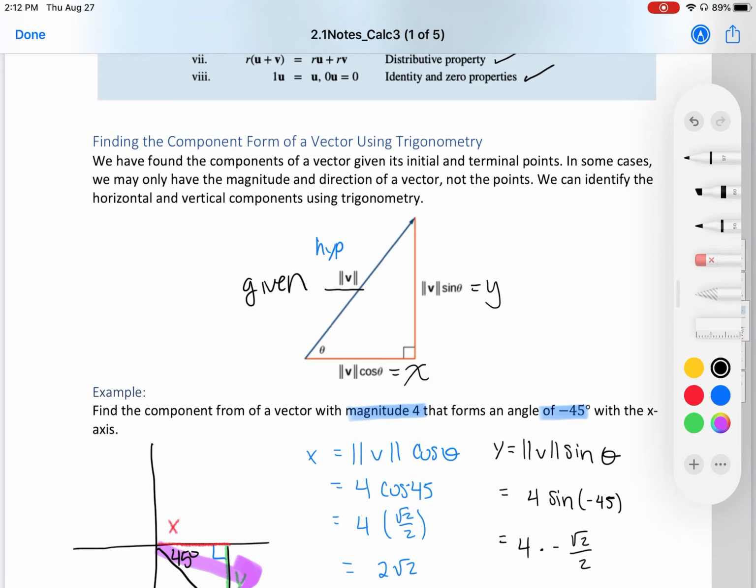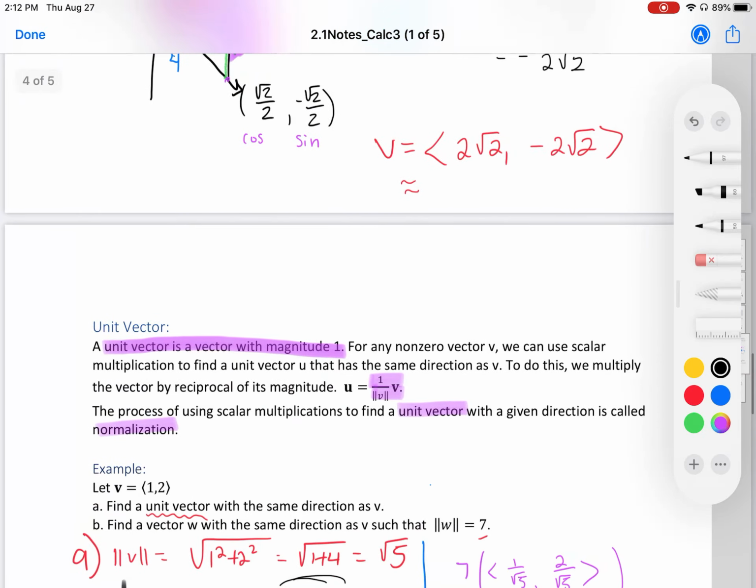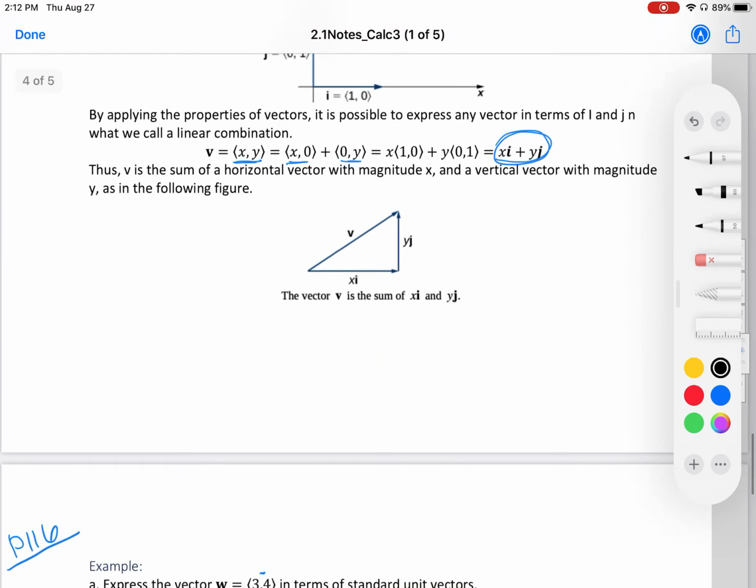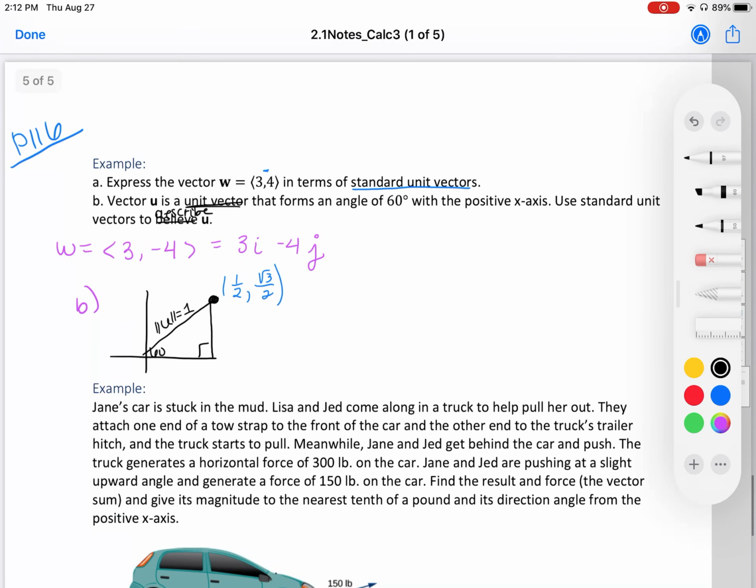But what's cool here is we're given a unit vector. A unit vector has a magnitude of 1. So really, it's just cosine and sine. So our answer is cosine of 60 and sine of 60, times your magnitude. Remember, our magnitude is 1, so there's no extra work to do.